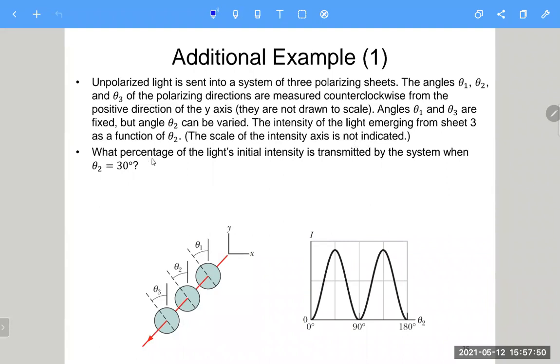So what percentage of the light's initial intensity is transmitted by the system when theta 2 is 30 degrees? From this figure, you can see that when theta 2 is 0 degree, 90 degree, or 180 degree, the intensity is 0.